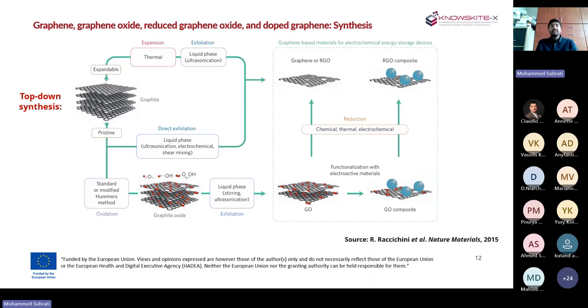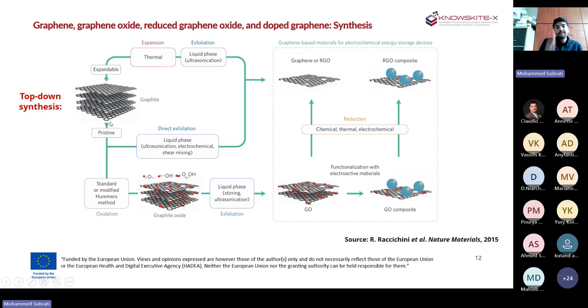So this is a summary of how you can produce all the forms of graphene. There are, of course, thousands of recipes in the literature for the bottom-up and top-down approaches, but industrially speaking, the most favorable one is the top-down synthesis. You start from natural or synthetic graphite, and most of it is on the left.